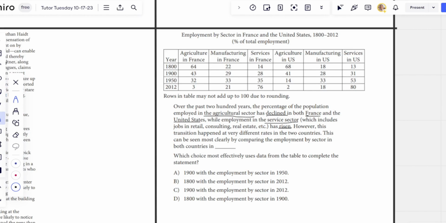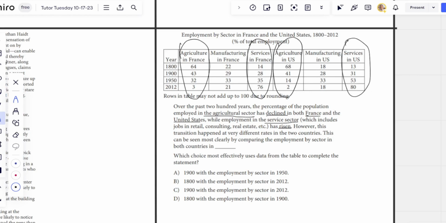Let's see, 1900 with 1950, and let me just cross out some of these other ones. Agricultural sector is what we're focused on in France. Agriculture in the US. And then service sector in France versus services in the US. If I look at these two sectors, agriculture in the US, it's happened at very different rates in the two countries.